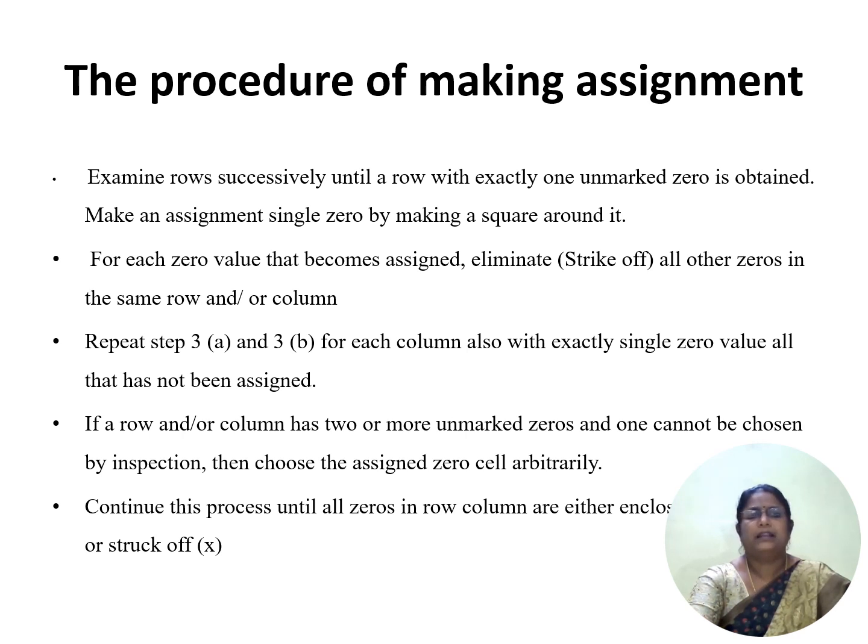Repeat the above two steps for each column also with exactly a single zero value that has not been assigned. If a row or column has two or more unmarked zeros and one cannot be chosen by inspection, then choose the assigned zero cell arbitrarily. Continue this process until all zeros in rows and columns are either enclosed or struck off.